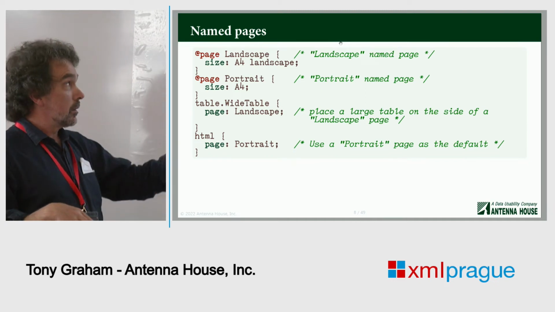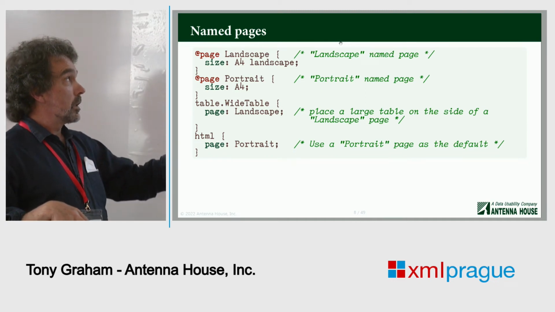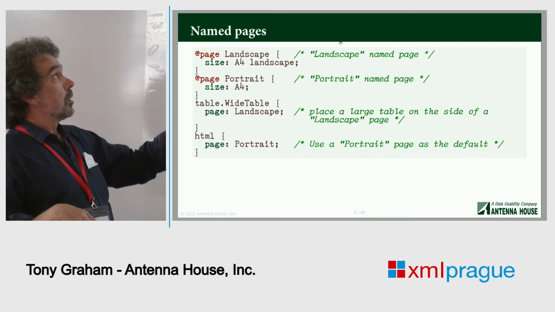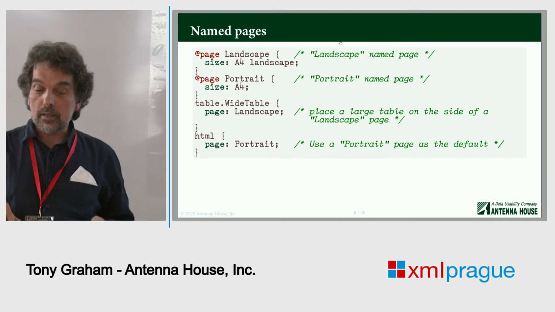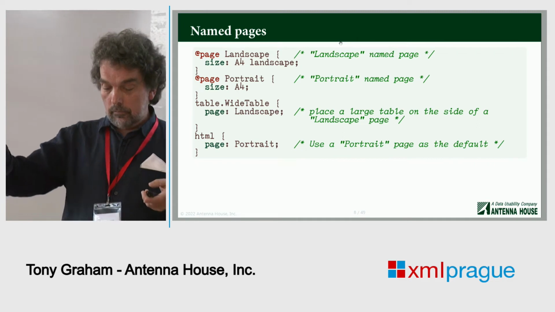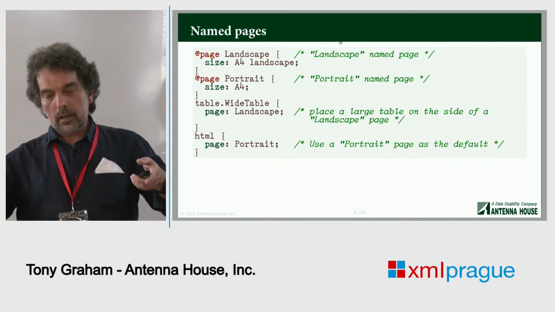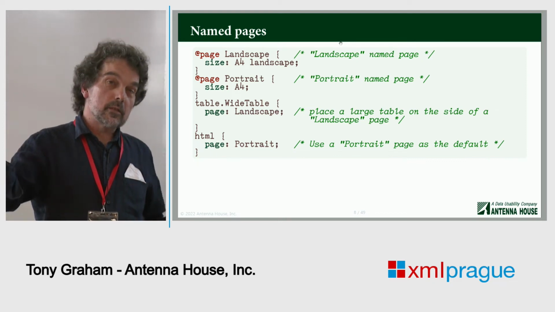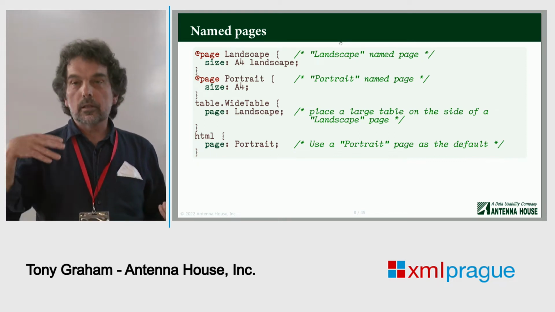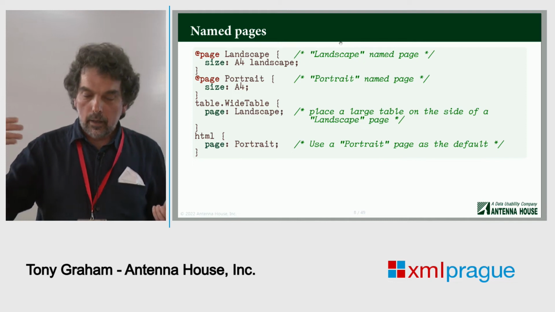As you'll see here in a page property, this refers to a page size that we've specified. So we're saying that right here, landscape pages, we're going to use A4 in the landscape orientation. Portrait pages, A4 defaults to being portrait.